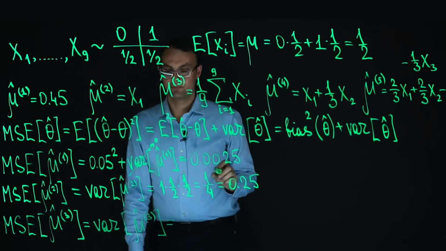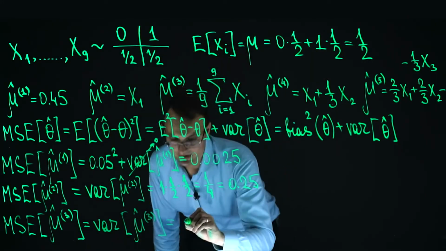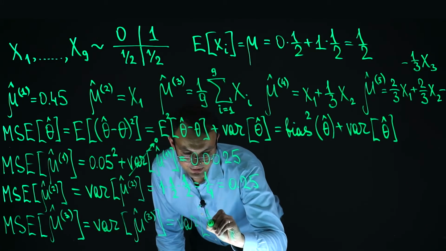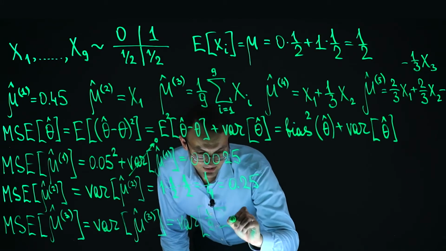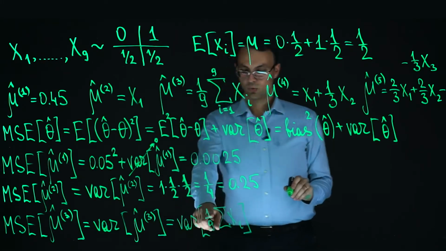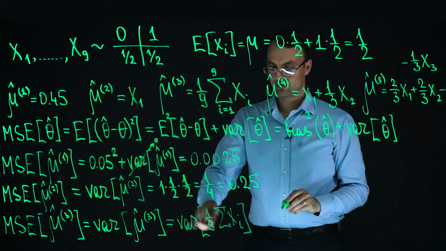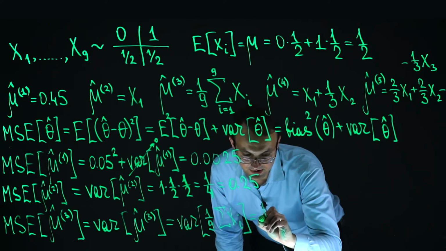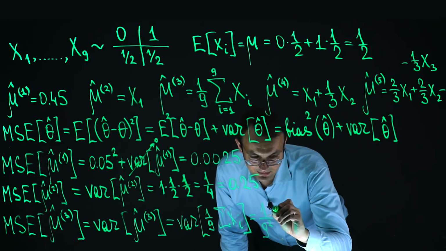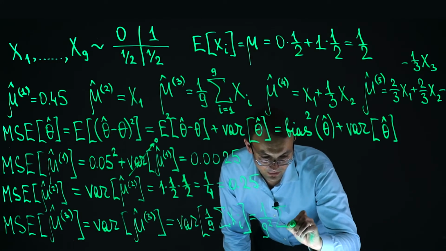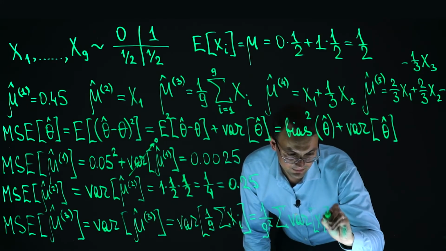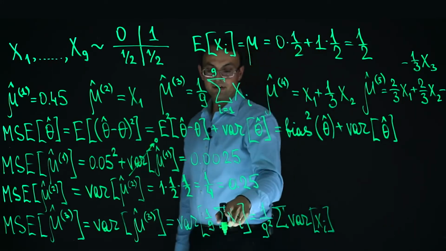The variance is the variance of 1/9 times the sum of x's. This coefficient is squared, so this is 1/9 squared times the sum of variances of x's, as x's are independent.